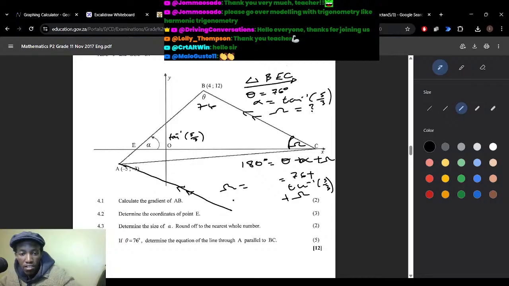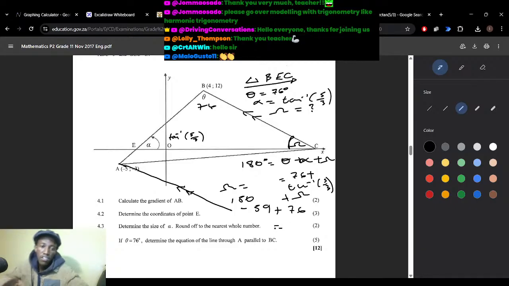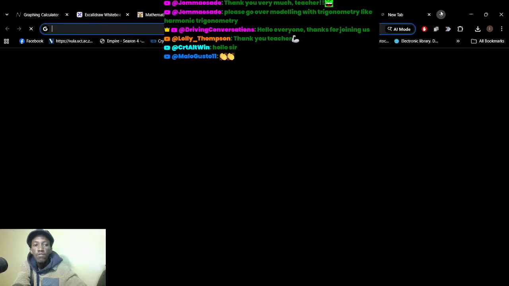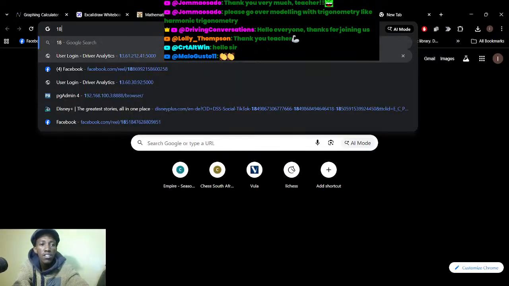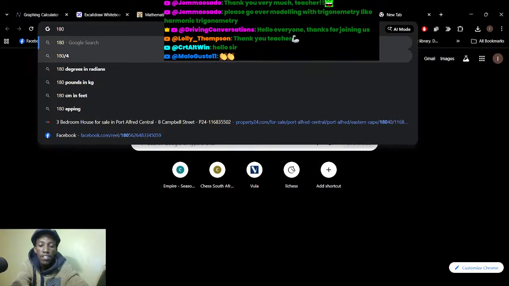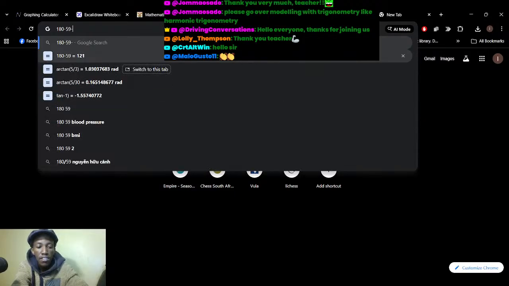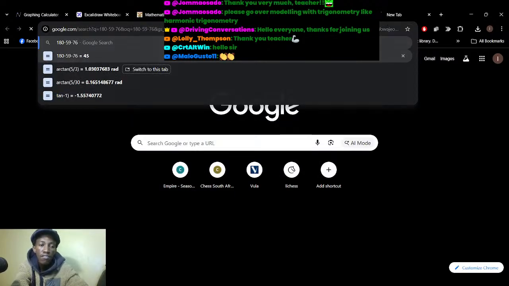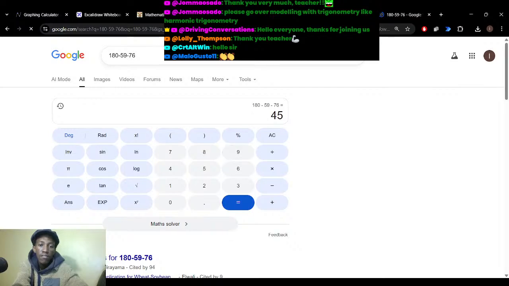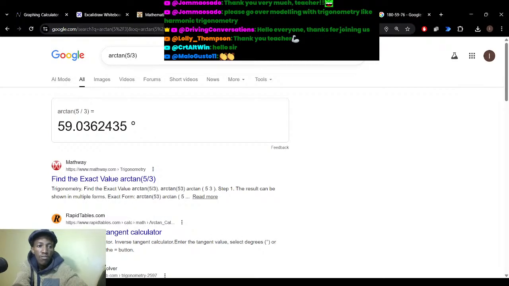So this means that omega is equal to 180 degrees minus 59 minus 76, which gives you about 45 degrees.